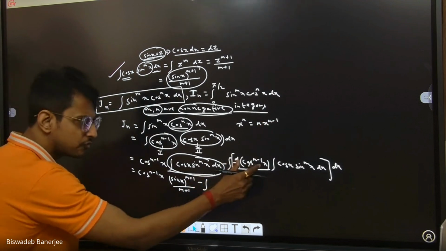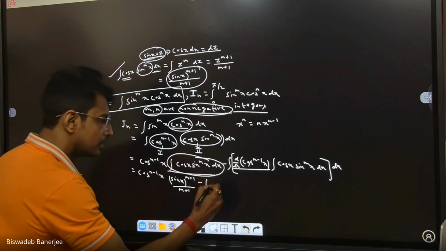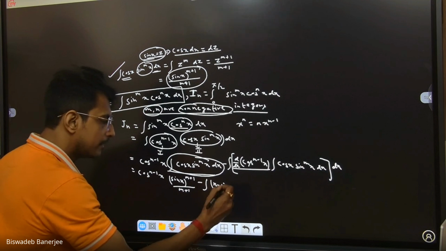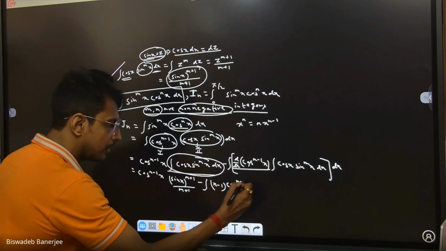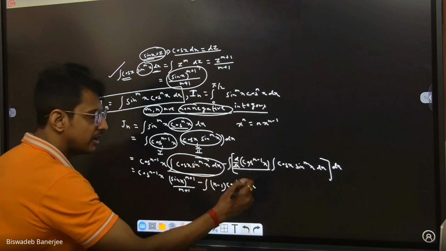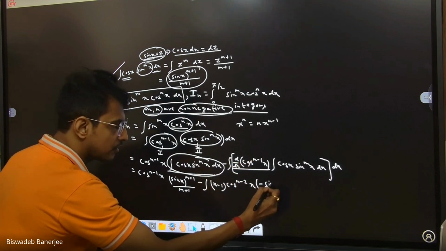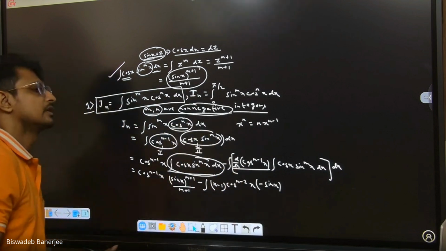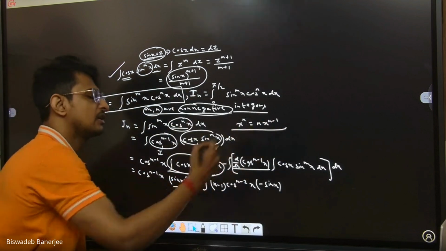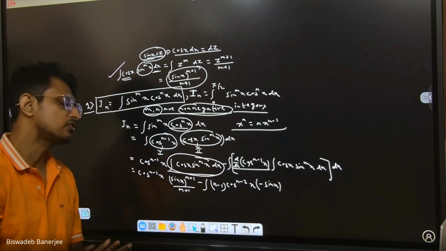So the derivative of cos to the power n minus 1 x is what? This n minus 1 comes here, then cos to the power n minus 2 x, then the derivative of cos x. The derivative of cos x is minus sin x. We are applying the formula: derivative of x to the power n is n into x to the power n minus 1.